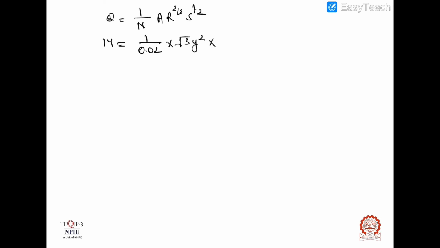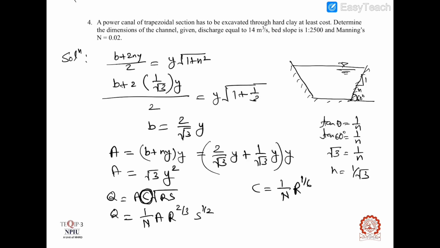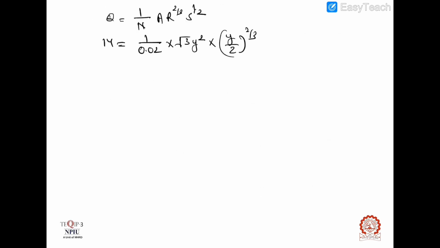Hydraulic mean depth, that will be y by 2, because we are designing for most economical condition. y by 2 whole to the power 2 by 3. Bed slope of the channel is 1 divided by 2500 whole to the power 1 by 2. So here unknown is only y.